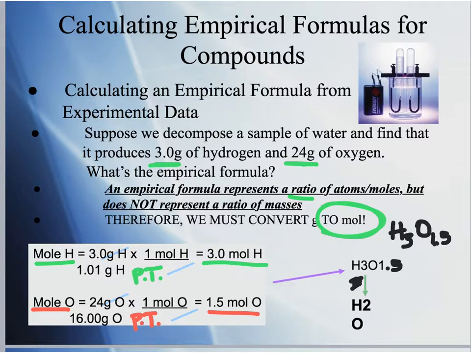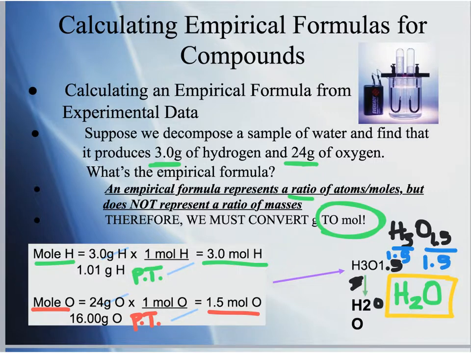So if we don't have whole numbers from converting from grams to moles, then what we'll do is divide both of them by the lowest number. Here, it's 1.5. So we'll divide both by 1.5. And when we do that, 3 divided by 1.5 is 2. So now we've reduced 3 down to H2. And then 1.5 divided by 1.5 is 1. So we have 1 oxygen, so H2O.